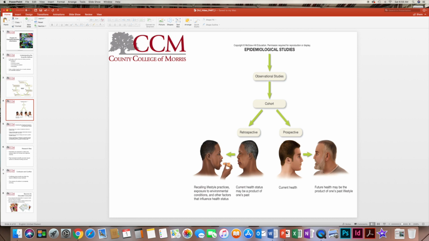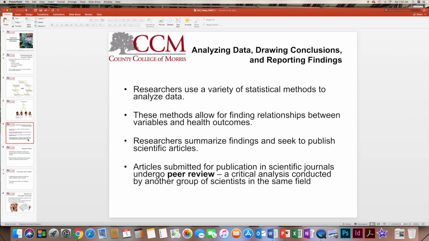And as this graphic depicts, epidemiological studies are just one example of the type of studies. If you're interested in more, you can read more in the text about the various types of studies and the different key terms that you need to use in the science world. But when we analyze data, draw conclusions, and report our findings, we do that because we want to get published in scientific articles.